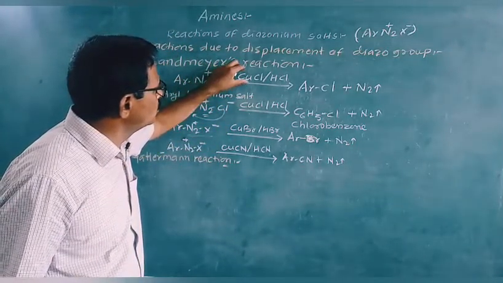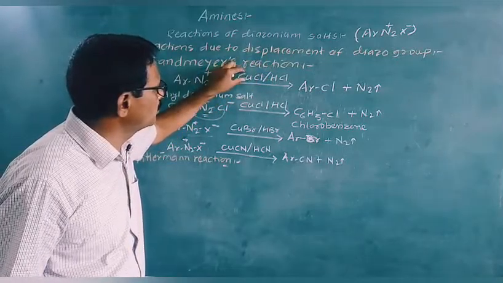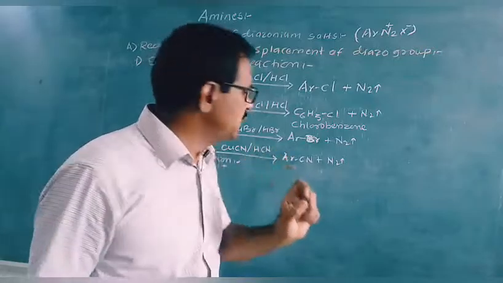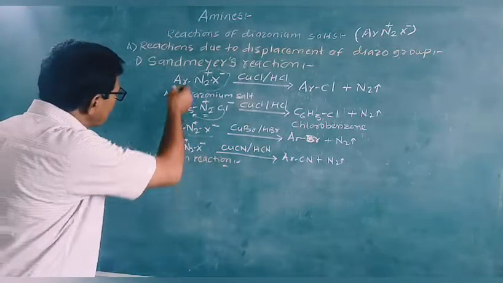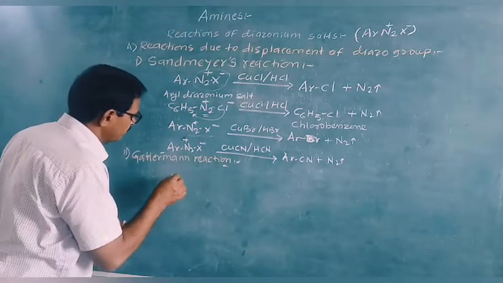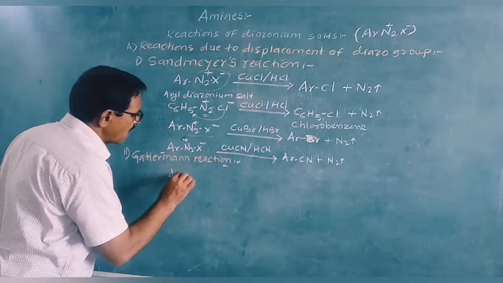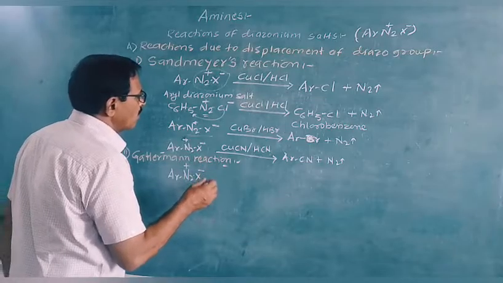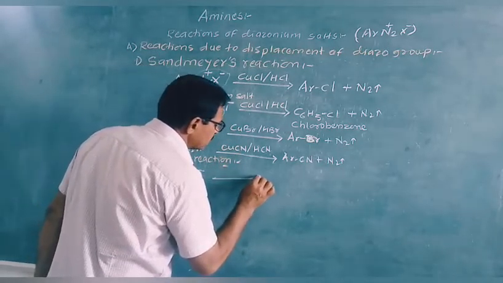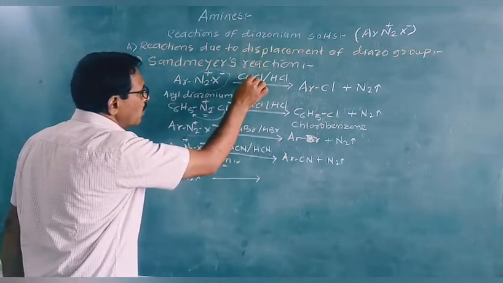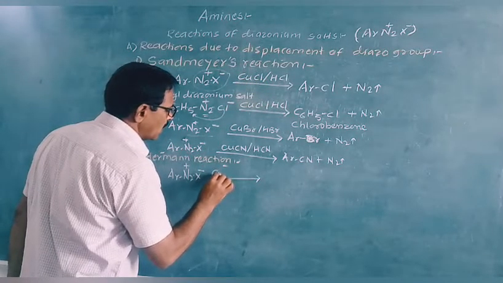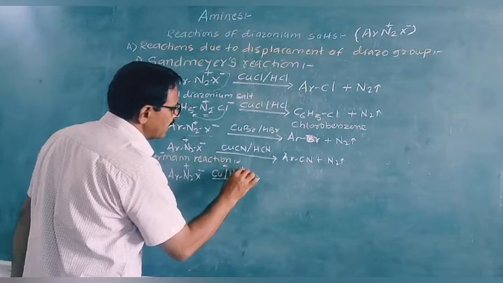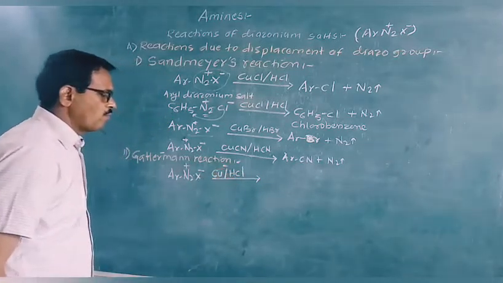Instead of CuCl, we have to use copper powder, that is Cu with HBr. The reaction is the same. ArN2X again: you just have to replace CuCl by Cu and then HCl, copper powder.